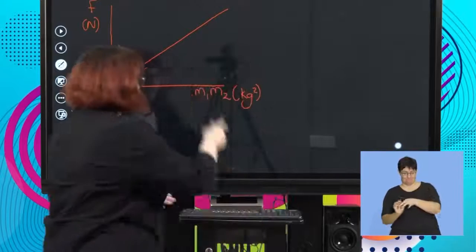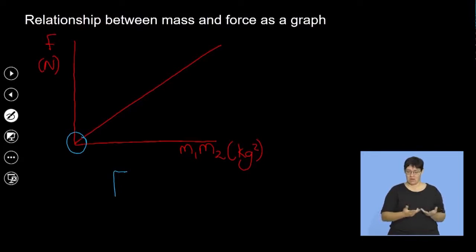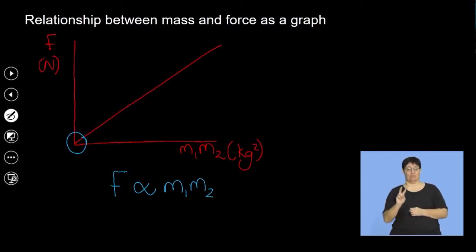This graph confirms for me that force is directly proportional to the product of the masses. This graph is a visual representation of the relationship. So from here, I can say force is directly proportional to mass 1 times mass 2.